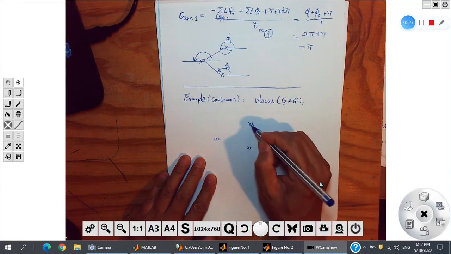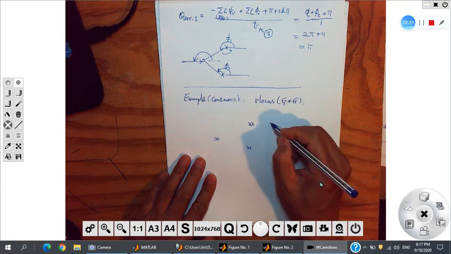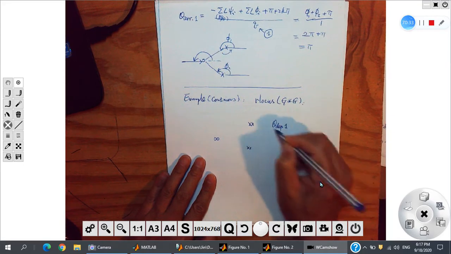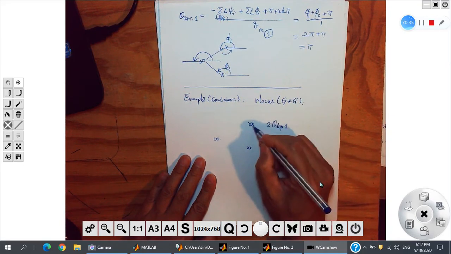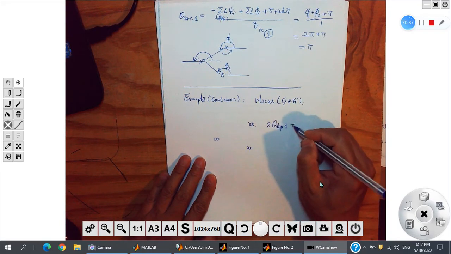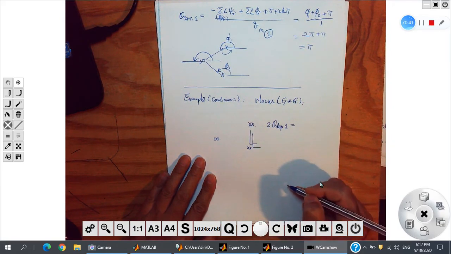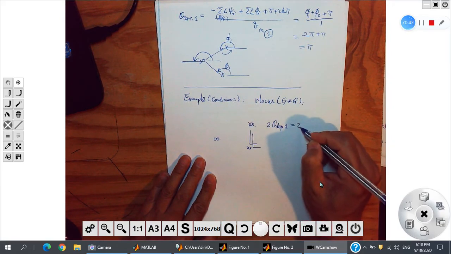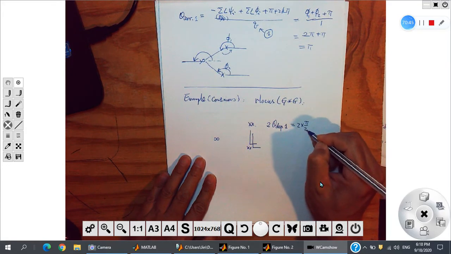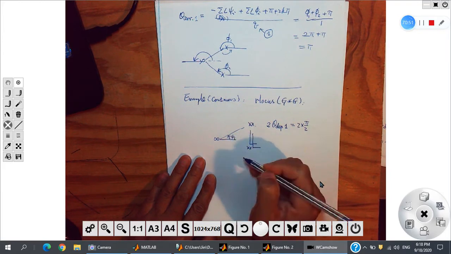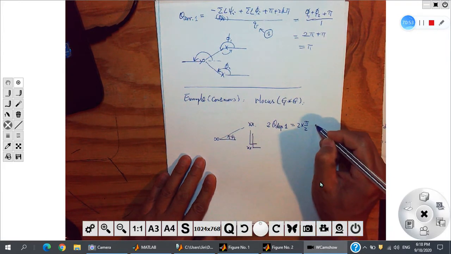For this departure, say departure 1, I need times 2 because of the multiplicity 2. Then it equals, here's a 90 degree and another 90 degree, right? We have two 90 degrees. So 2 of 90 degrees, and I say this is theta 1, varphi 1. Also, I need a 2 varphi 1.